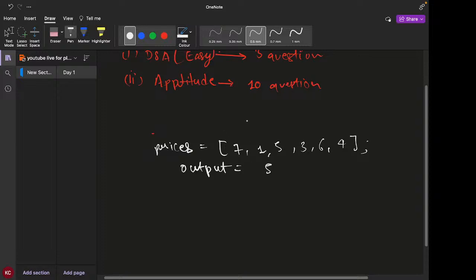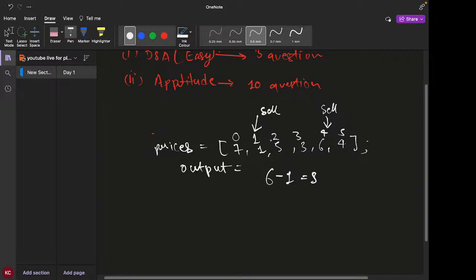If I buy on the second day, with indices 0 1 2 3 4 5, using zero based indexing, I buy on the first day and sell on the 5th day, then I get the maximum profit. 6 minus 1 is equal to 5.